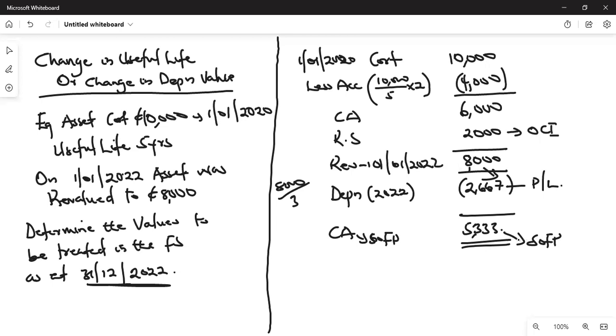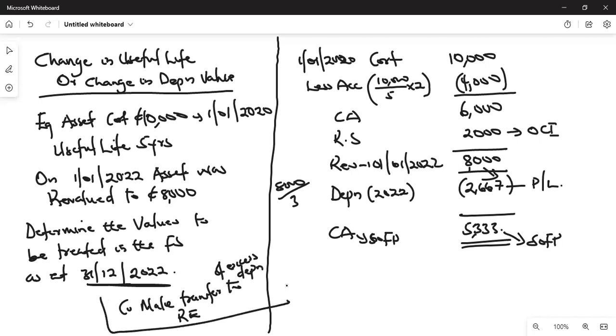In questions, they may say that companies make transfers to retained earnings, or transfer of excess depreciation to retained earnings, or transfer of unrealized amounts to retained earnings. You have to take note of that.